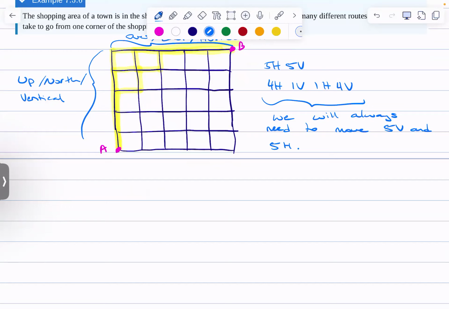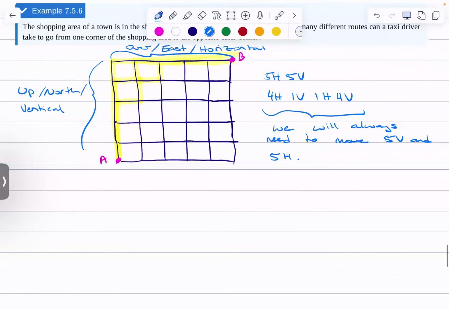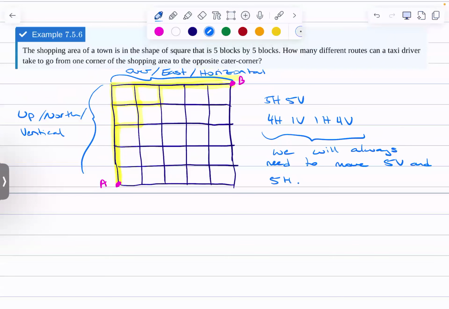So we'll always need to move 5 vertical and 5 horizontal. So what you can do, and this is where it gets a little bit wild, so just accept it, is you only need to choose one of those two. Out of those 10 blocks, you pick 5 to be your horizontal blocks, and then the remainder will be determined by what those 5 horizontal blocks are.